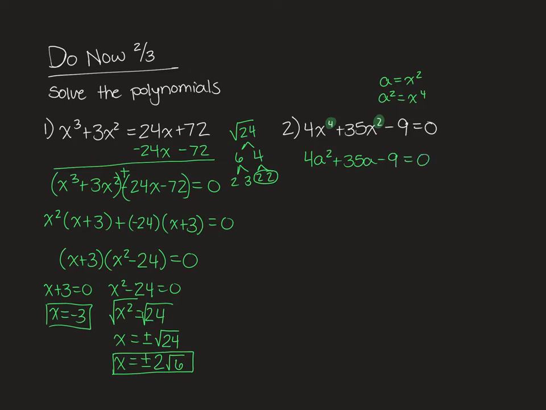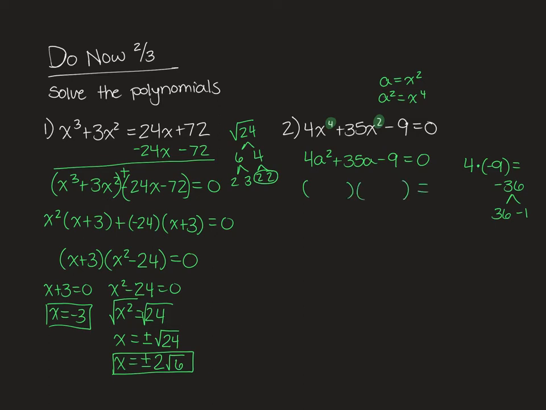And now we can factor this. This will need to be the Berry method, and this was actually a problem on our first do now. So we need to multiply a times c. 4 times negative 9 will give negative 36. Two numbers that multiply to negative 36 but add to positive 35 are going to be 36 and negative 1.